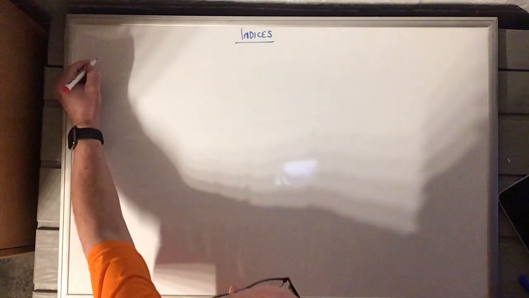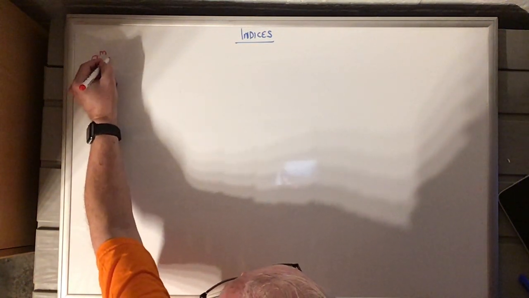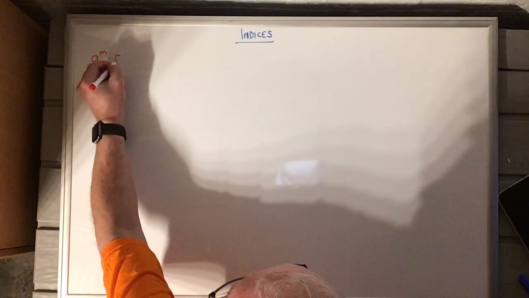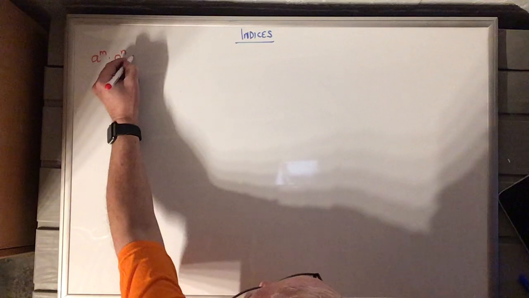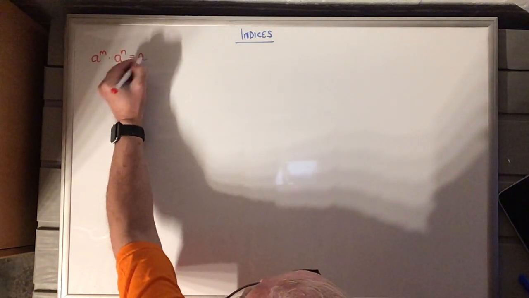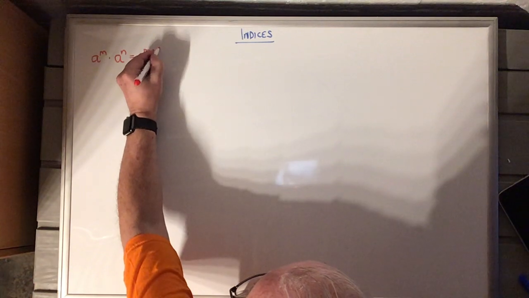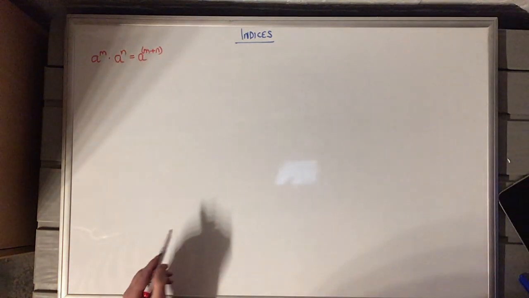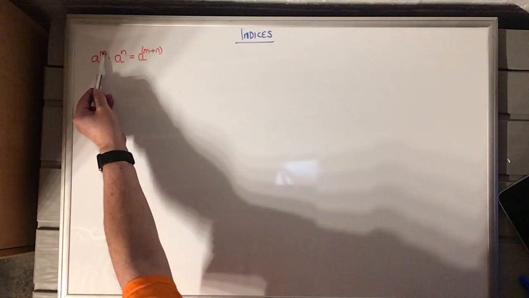Well, here's some rules. A to the power m times a to the power n, well, that's the same as adding the powers. Okay, we'll add the powers here. So a is called the base number, and the power is called the index number.